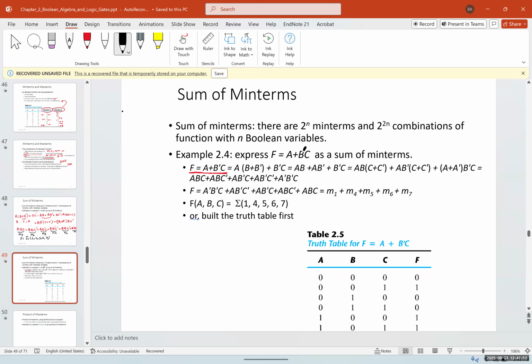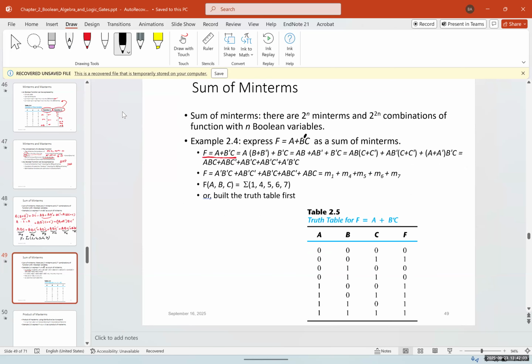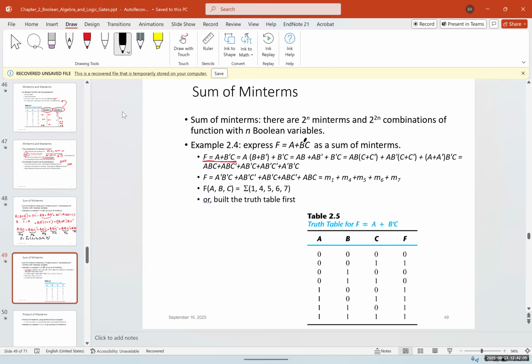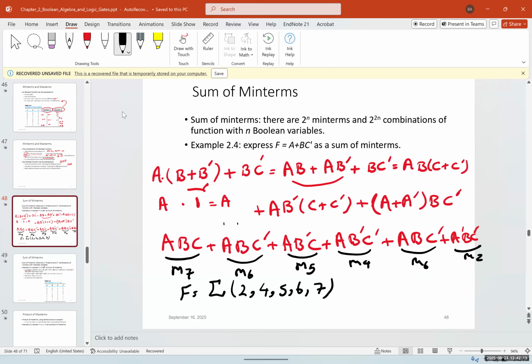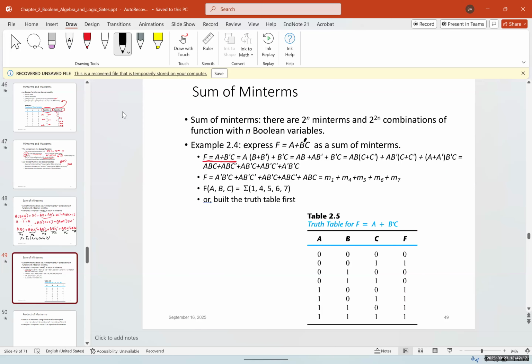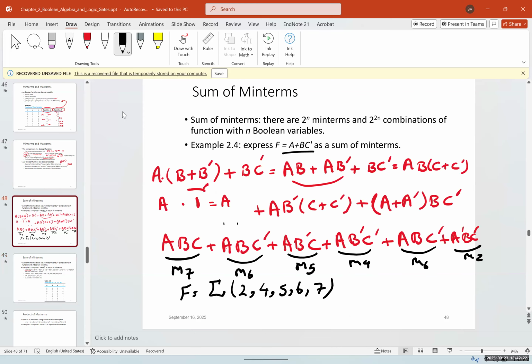So I solved it for a plus b c prime. This is for a plus b prime c, which gives us sigma of 1, 4, 5, 6, 7. And I solved it for the question a plus b c prime. So if you see a little difference, because this is a plus b prime c and mine was for a plus b c prime.